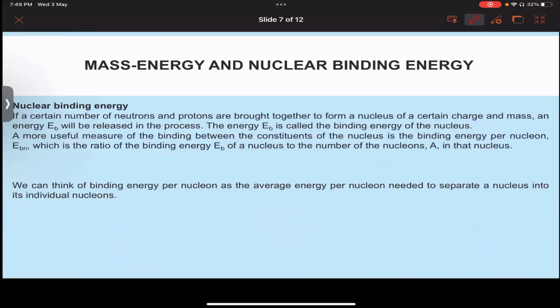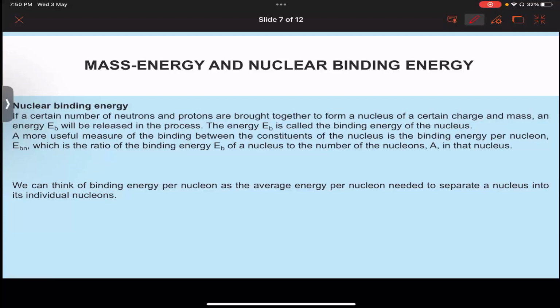Now with the binding energy, there are other terms that are related to this. If you have a particular number of protons and neutrons that are brought together to form a nucleus of a particular charge and mass, an energy EB, the binding energy, will be released in the process.